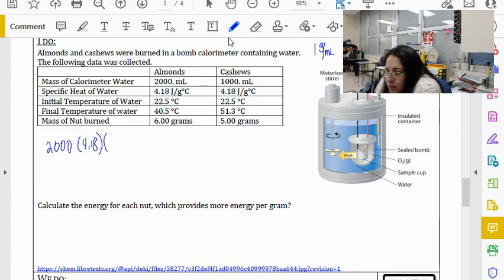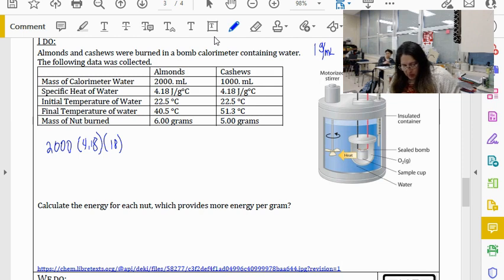So 40.5 minus 22.5 is 18. Okay, and now we're going to multiply this together. The heat gained by the water is the heat that was lost by the nut, right? That's true.